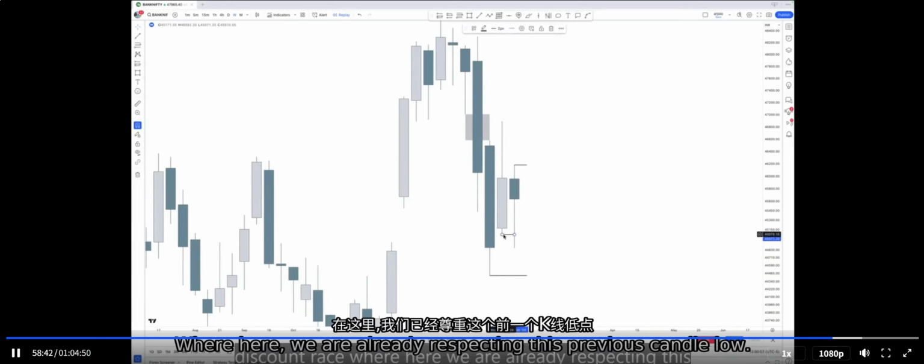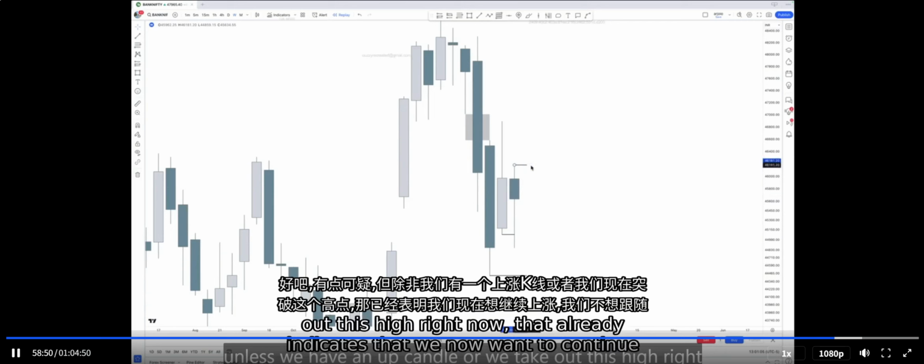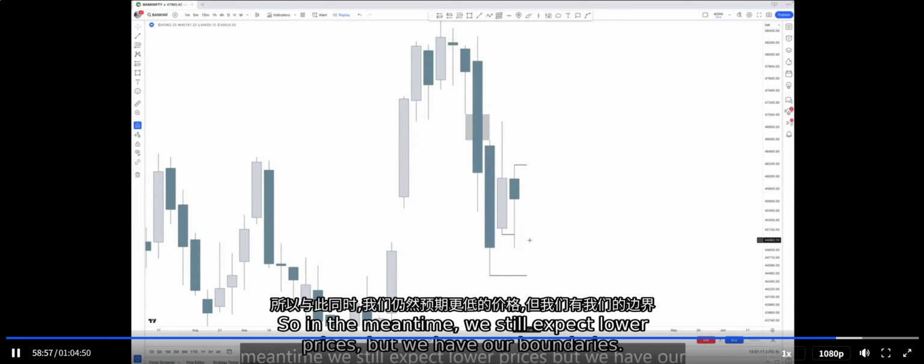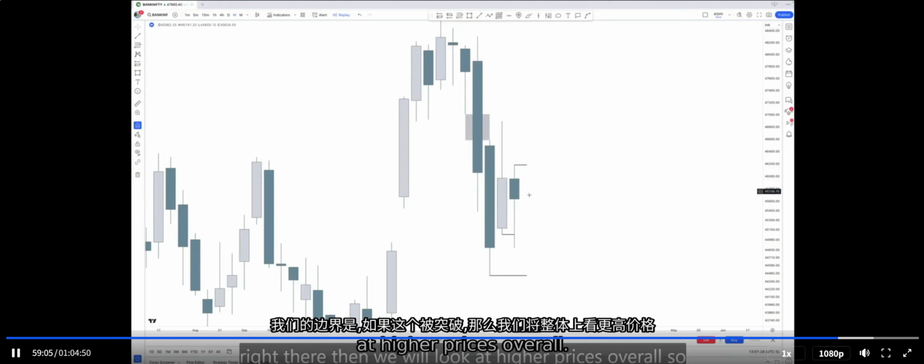Here we are already respecting this previous candle low. All right, a little bit suspicious, but unless we have an up candle or we take out this high right now, that already indicates that we now want to continue higher and do not want to follow through. So in the meantime, we still expect lower prices, but we have our boundaries: if this gets taken out, then we will look at higher prices overall.